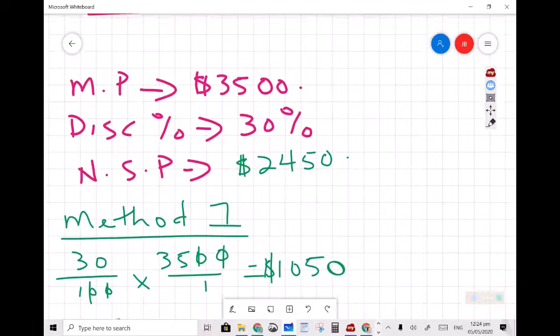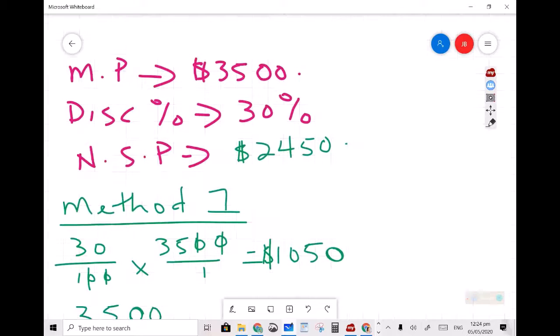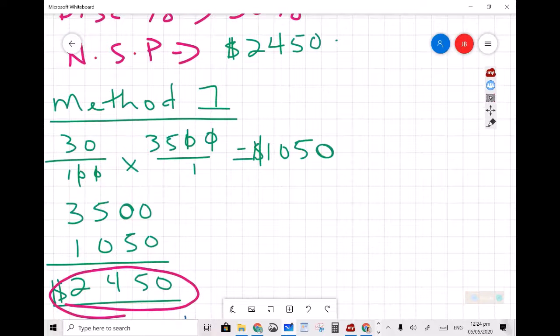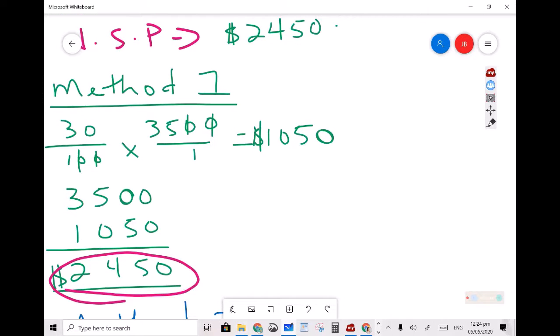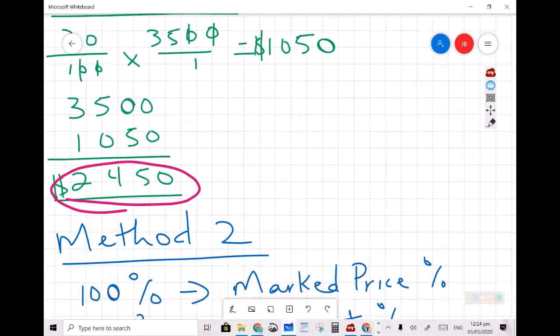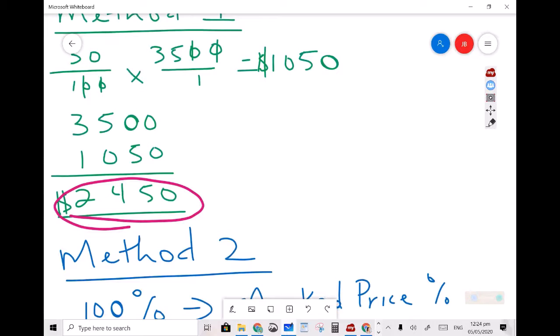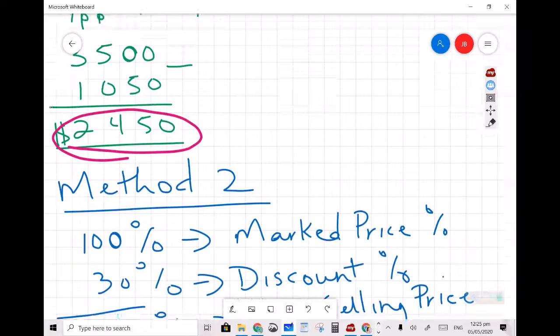All right, so for this last one, we had attempted to do two methods actually, right? One, which we had done before, by calculating the percentage of the mark price to establish our discount, and then subtracting it from our mark price to get our new selling price if that was required.